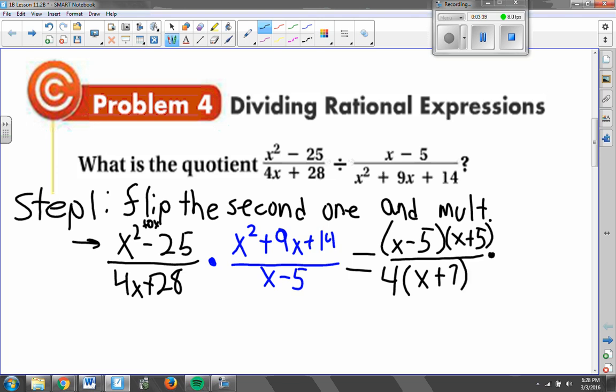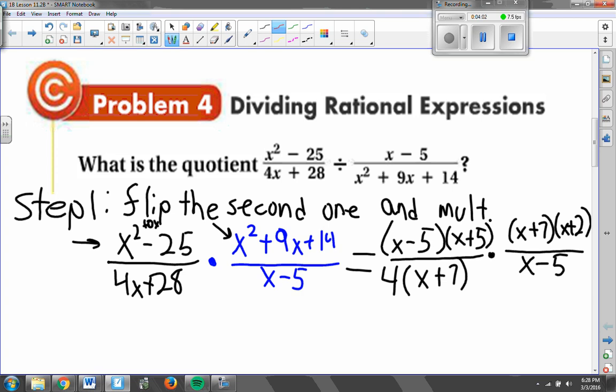That is being multiplied by x squared plus 9x plus 14. There I'm looking for two numbers that multiply to be 14 and add up to be 9. That is x plus 7 and x plus 2. The bottom of that fraction is just an x minus 5. That cannot be factored.